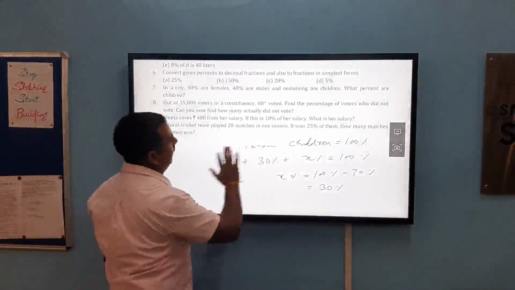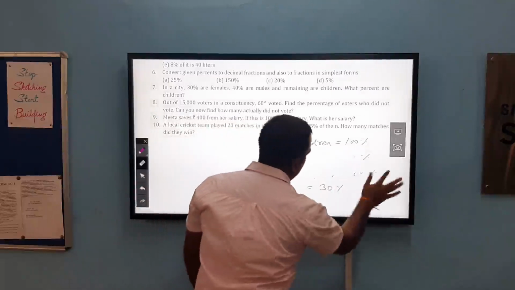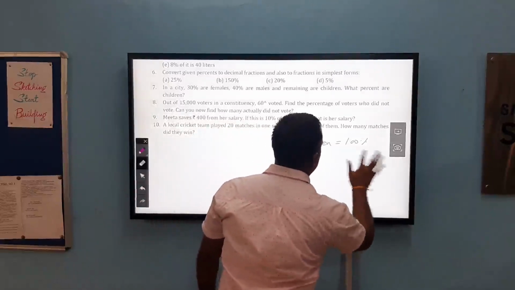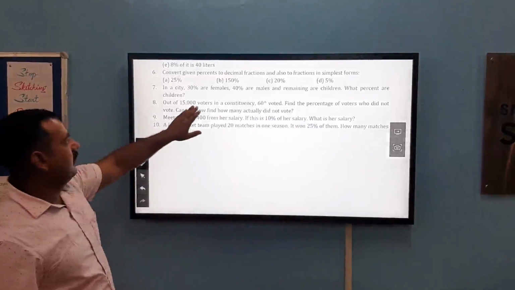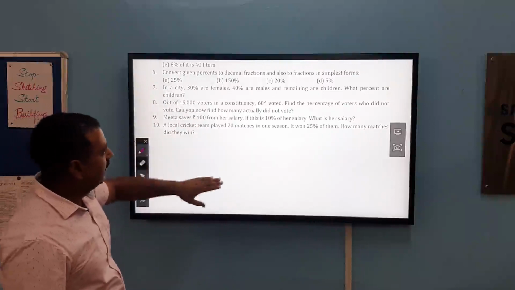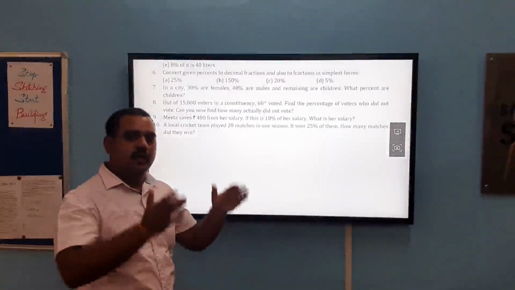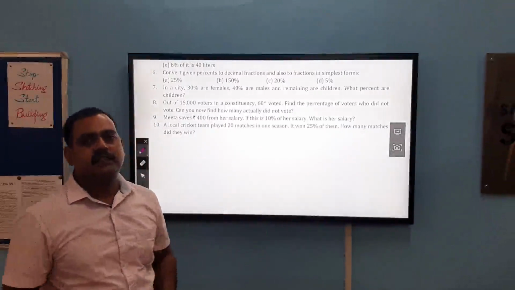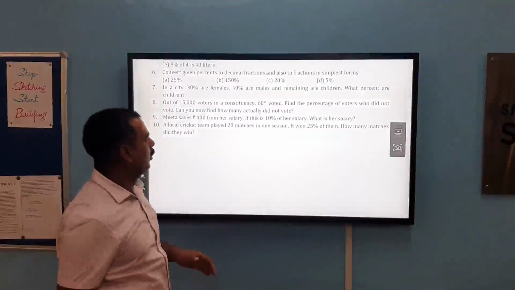Now question number 8 is similar to question number 6. In question number 8, out of 15,000 voters, this is the total number of voters in a constituency, 60% voted. Find the percentage of the voters who did not vote. Out of 100% we subtract 60%, then we get 40% voters who did not vote.